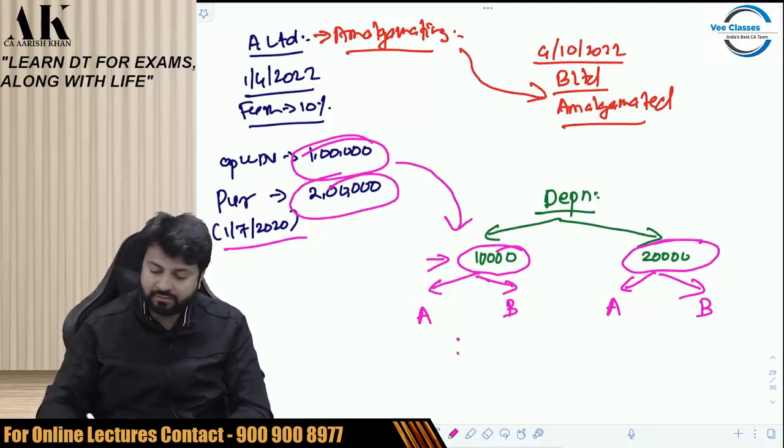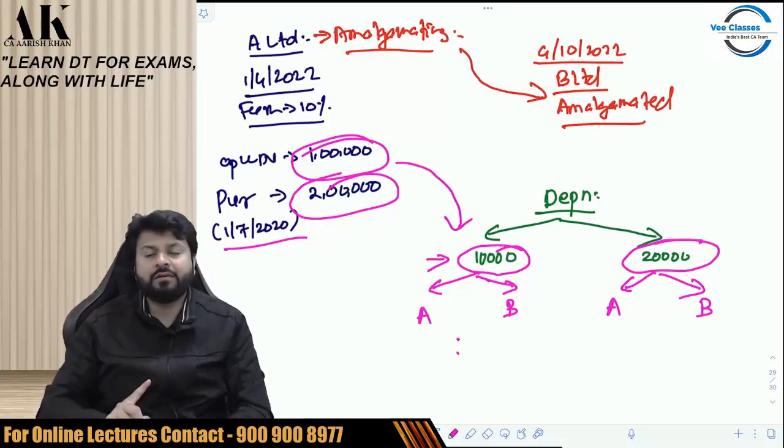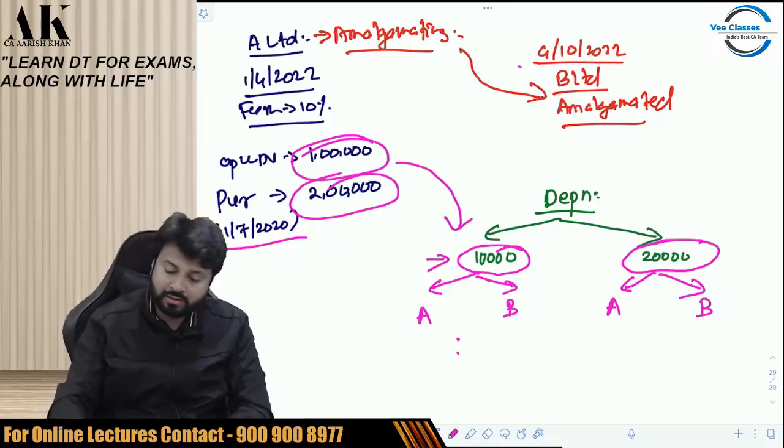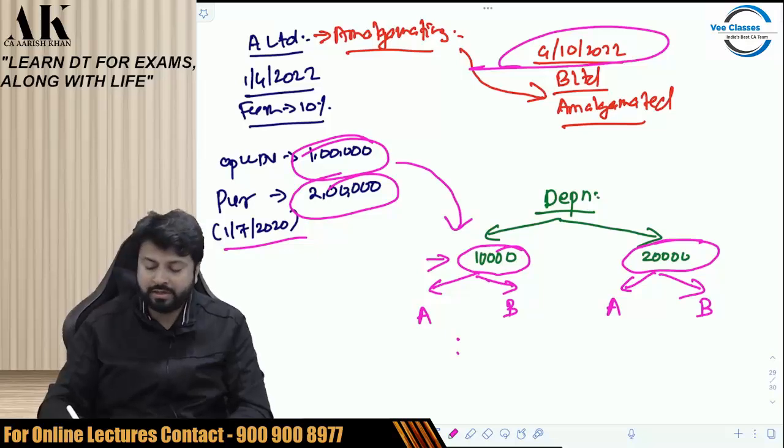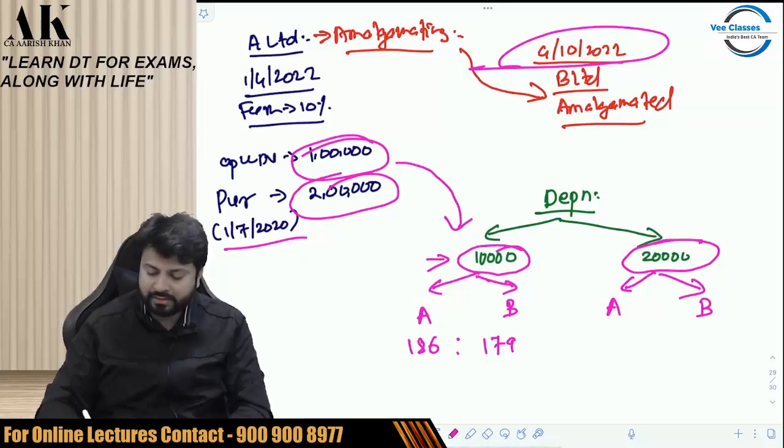So what are the number of days? From 1st April to 3rd October, a day prior to the merger, it was A Limited. And from 4th October to 31st March, it was B Limited. So the first period comes to 186 days, and this one comes to 179 days.